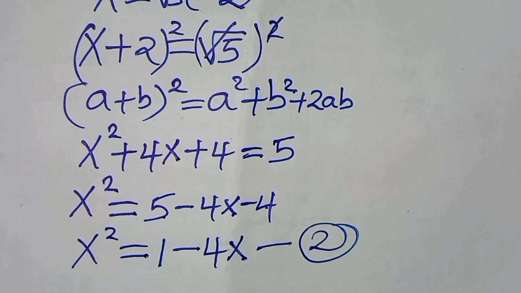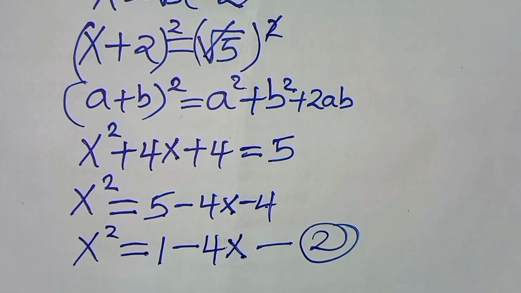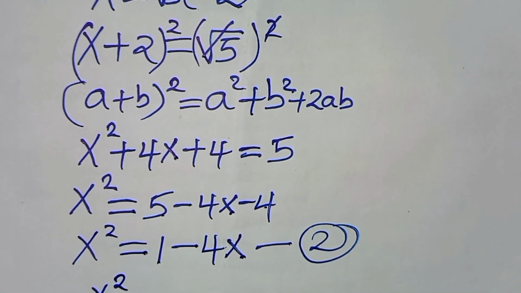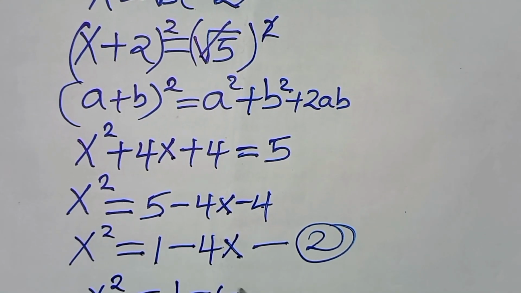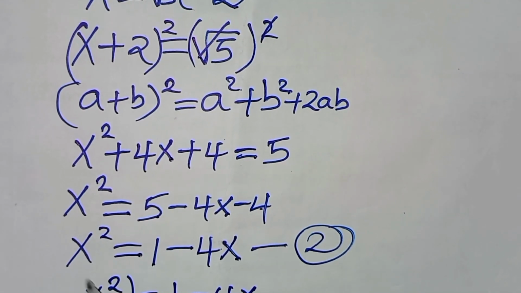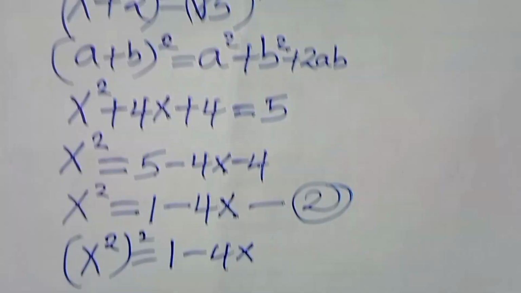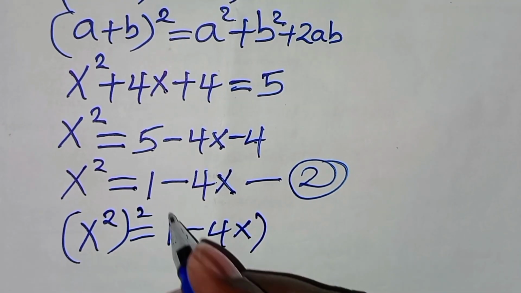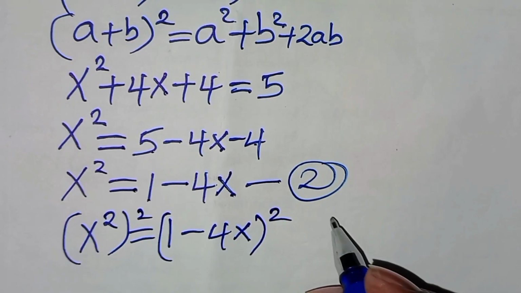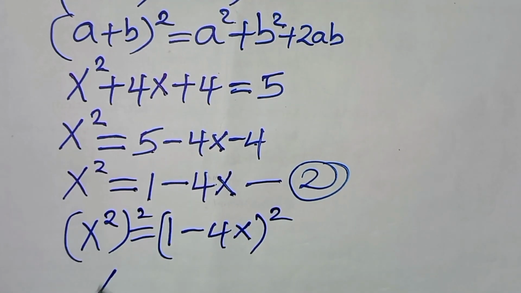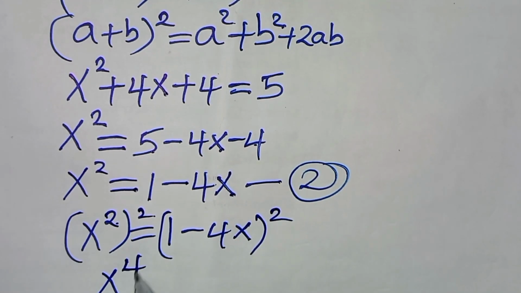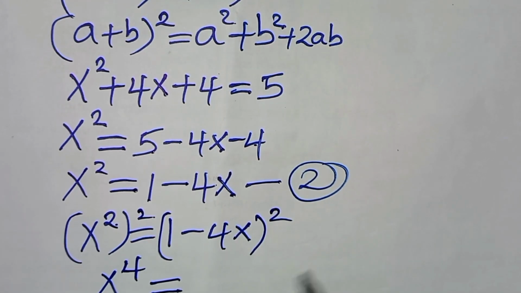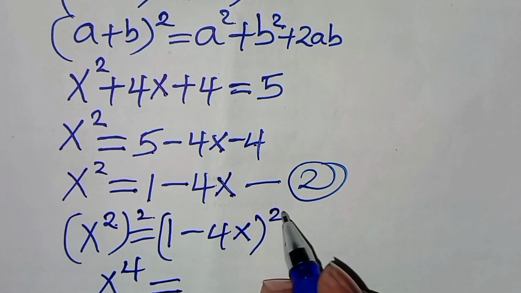Let's proceed from here. So let's continue to expand. We have x squared is equal to 1 minus 4x. So let's square both sides. Now here we'll have x to power 2 times 2, x to power 4, equal to 1 minus 4x squared.